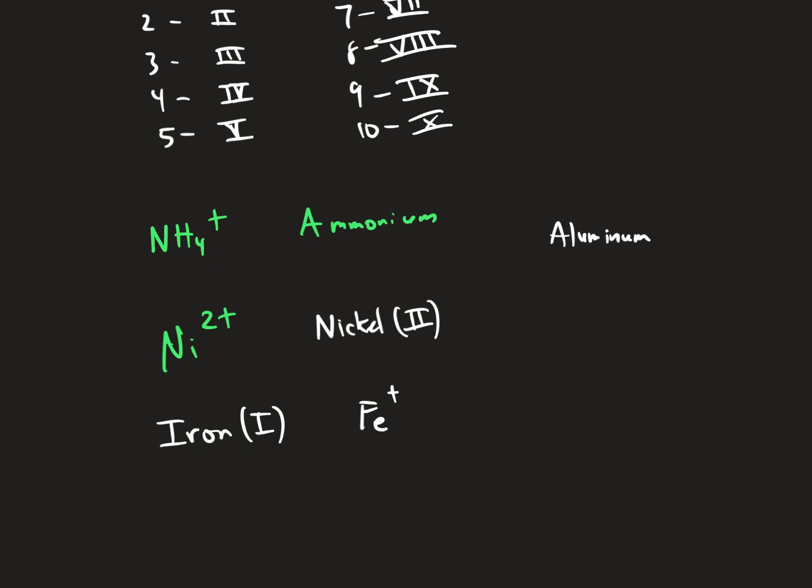So we don't need a Roman numeral here. It's just Al with what charge? You have to know. 3 plus. You have to memorize that? No, you have to know how to use your periodic table. Does everybody know how to use your periodic table here? If you don't, let me know right now before we get too deep. Okay?